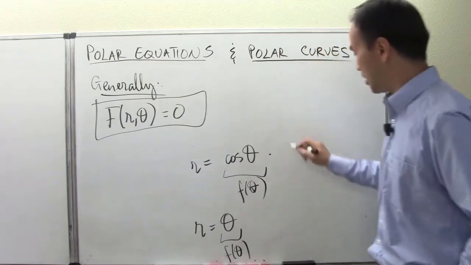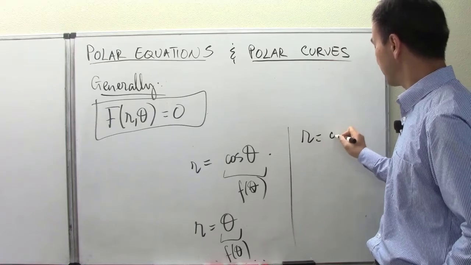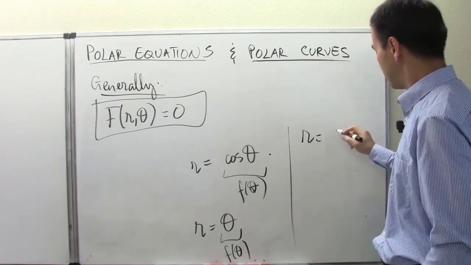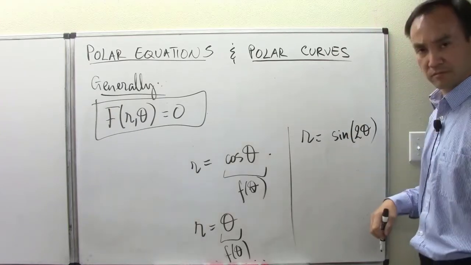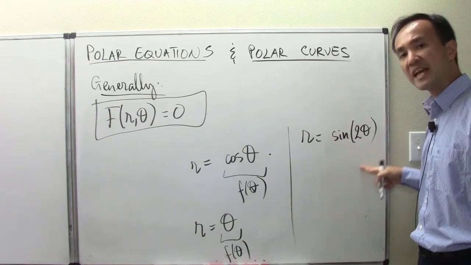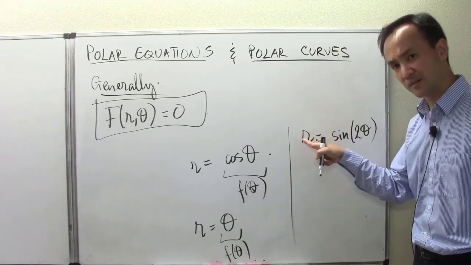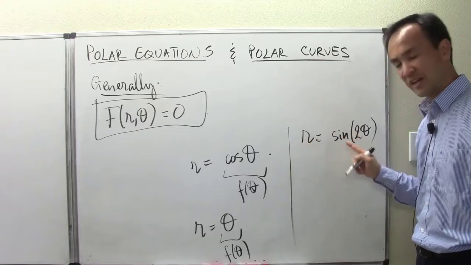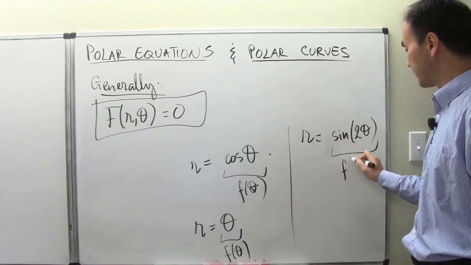You can also have r equals, how about, sine of 2 theta. One side is an expression in terms of theta only, and the other side is a linear term only, a single term with coefficient 1 and linear power. Again, this is in the form of r equals a function of theta.